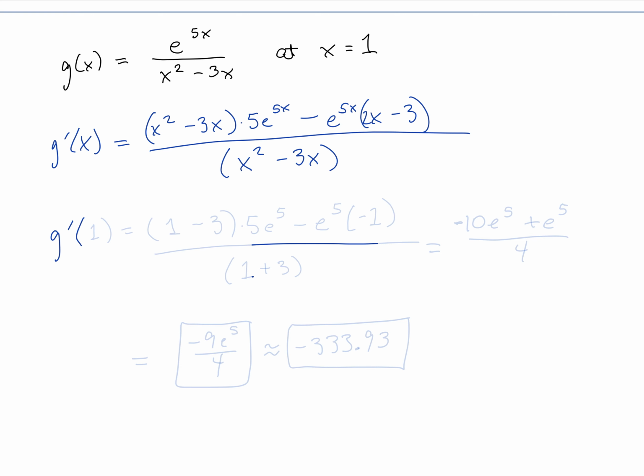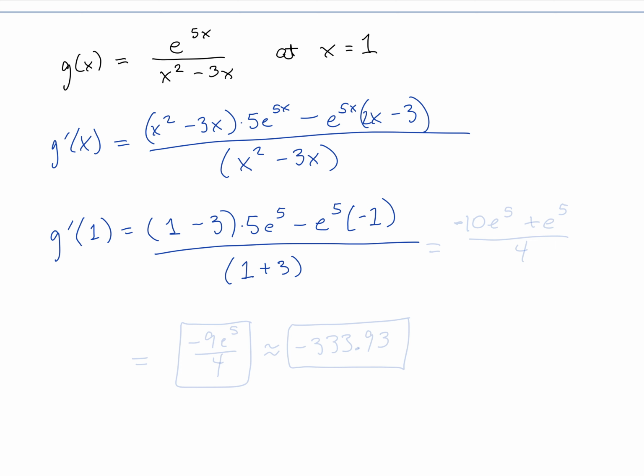Let's do that. g prime of 1 is equal to 1 squared, that's 1, minus 3 times 1, times 5e to the 5 times 1, that's 5, minus e to the 5 times 2 times 1, 2, minus 3, that's a negative 1, and then it's all divided by 1 squared, 1 minus a negative 3, so I'll write that out. 1 minus a negative 3, that's plus 3.